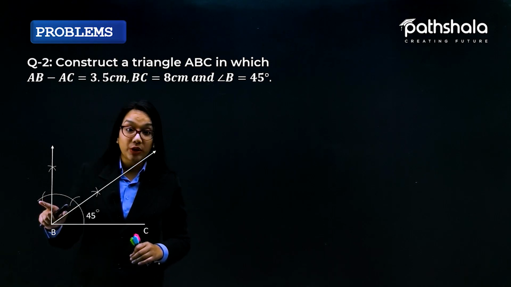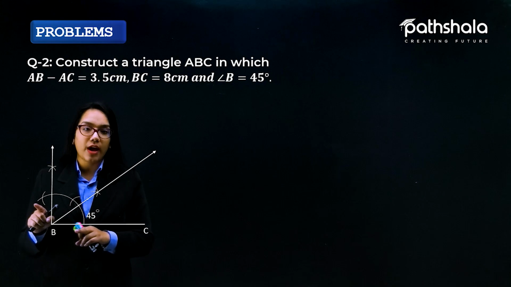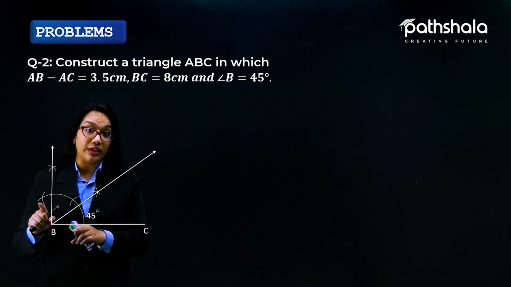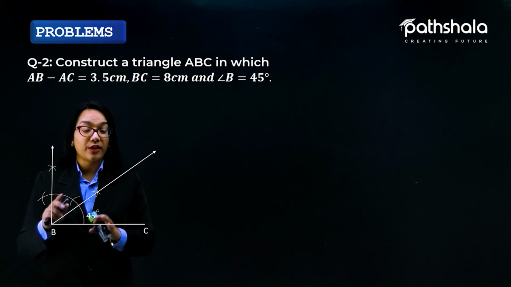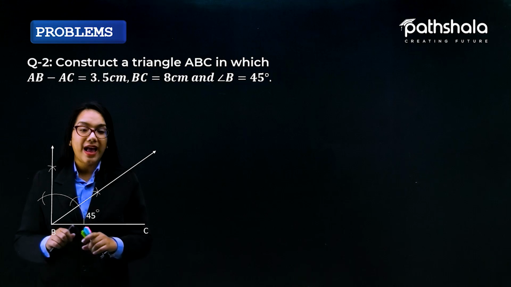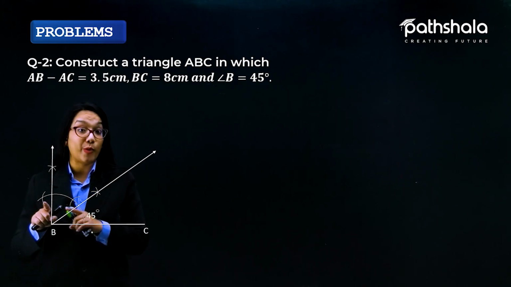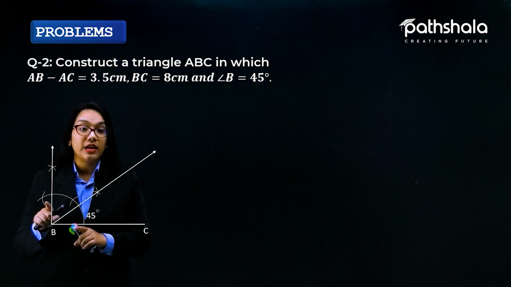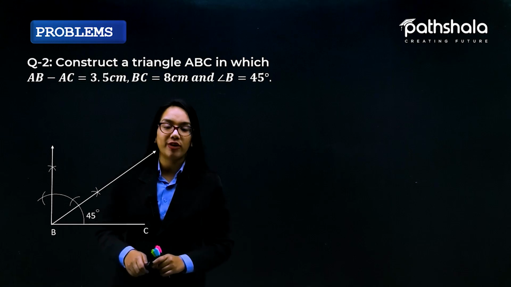Not this one, that is 60 degree. We have to take this point and this point to construct an angle of 45 degree. Remember how we construct an angle of 45 degree: we construct the angle bisector of 90 degree, and the angle bisector can be constructed by taking this point and this point, and this would be an angle of 45 degree.